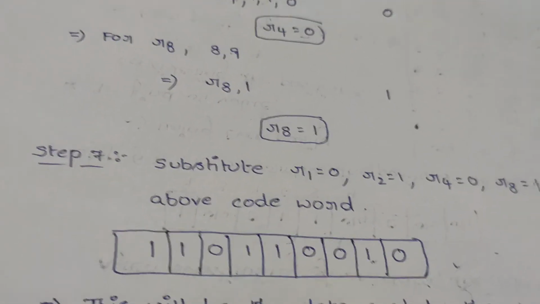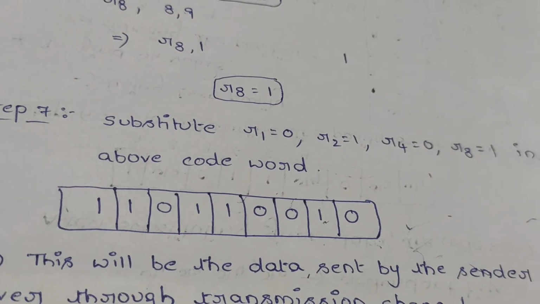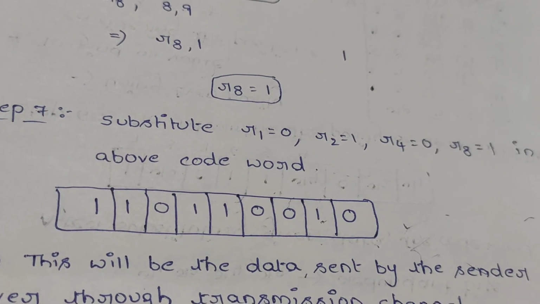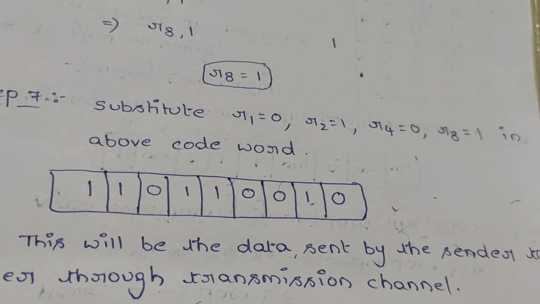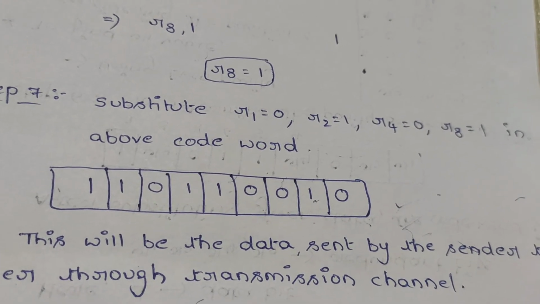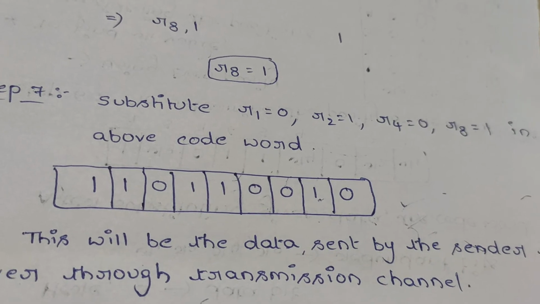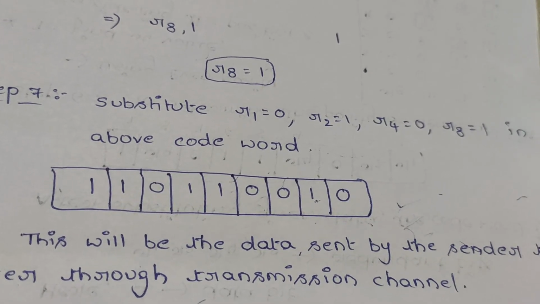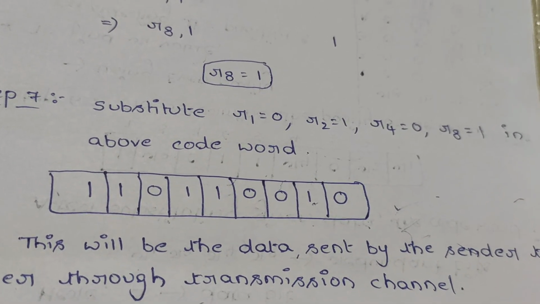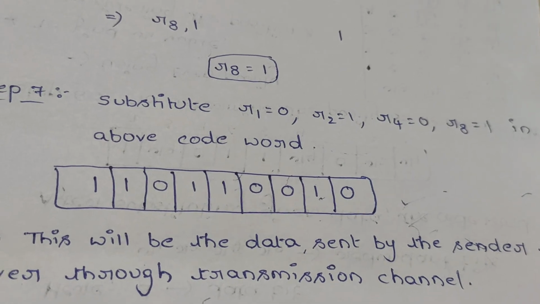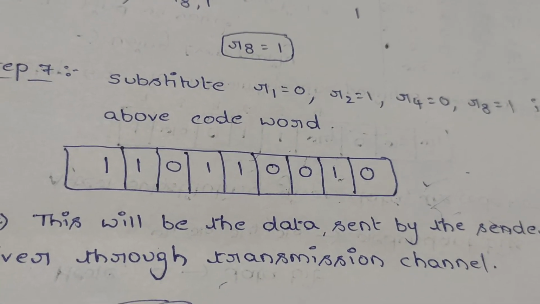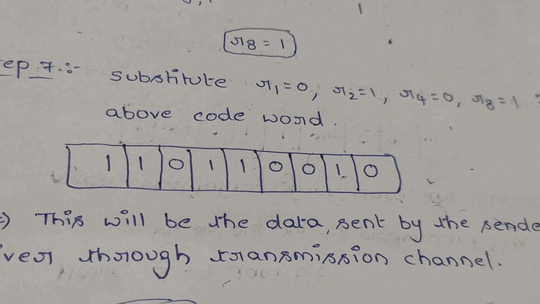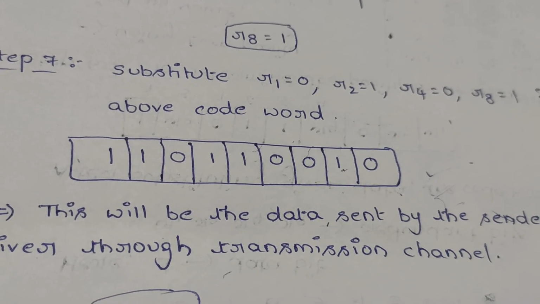Now substitute the values of R1, R2, R4 and R8 in the above code word. The R1 value is 0, R2 value is 1, R4 is equal to 0, R8 is equal to 1. We substitute these values in the above code word. After substituting, we get the 9-bit code word 110110010.